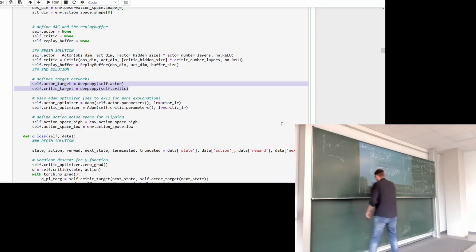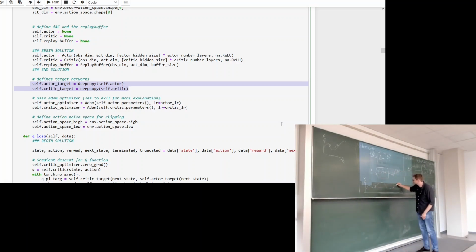So I might use this state transition. I might use this one. I might be unlucky, and because I'm drawing them randomly, I might also get this state transition. But globally speaking, if my batch size is large enough that I sample from this replay buffer, then on average I will not have so many correlated state transitions in there.